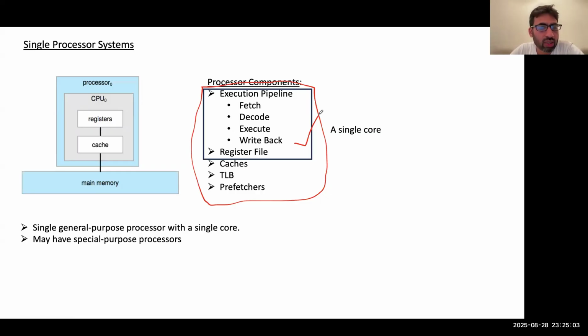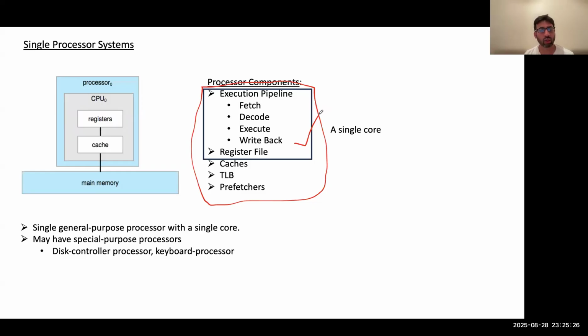Now, in a computer system, you may have special purpose processors. For example, you can have a disk controller processor, keyboard processor. Remember, we have talked about disk controllers, or device controllers, in the previous set of slides. So basically, those device controllers are also processors or microcontrollers, but they are special purpose.